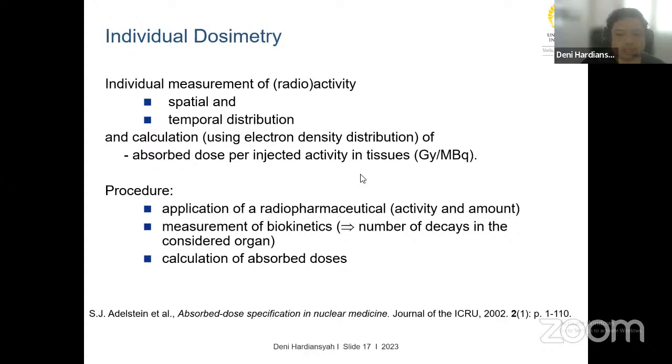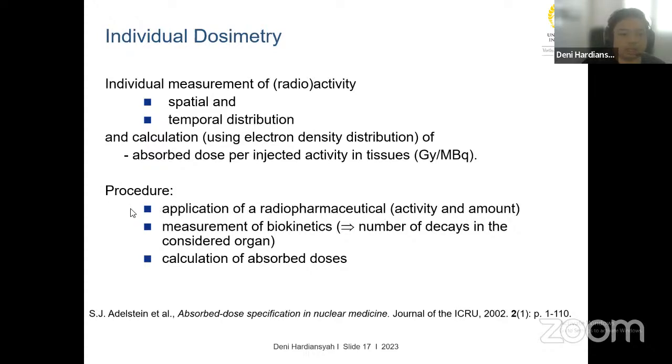In this case, the output is going to be gray per megabecquerel. So we can use this number that we calculate individually for a certain patient to calculate the optimal injected activity.